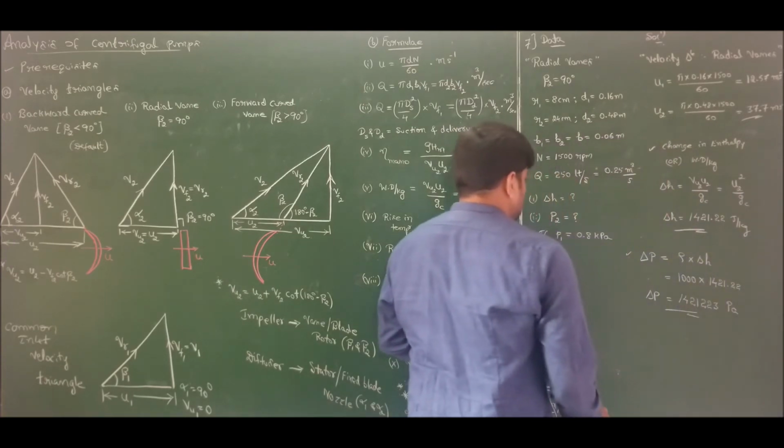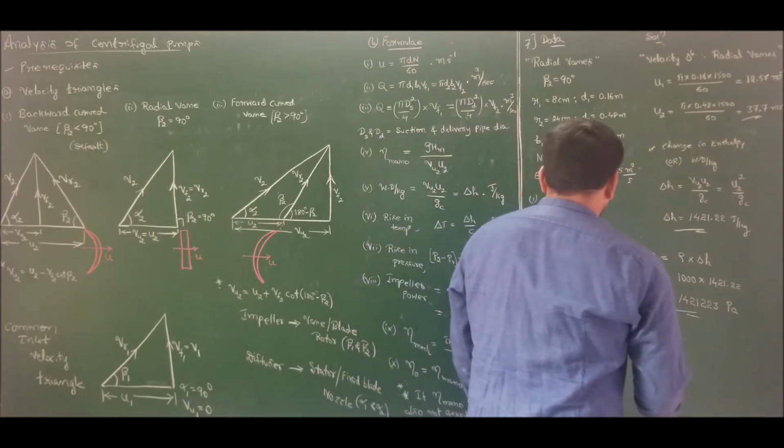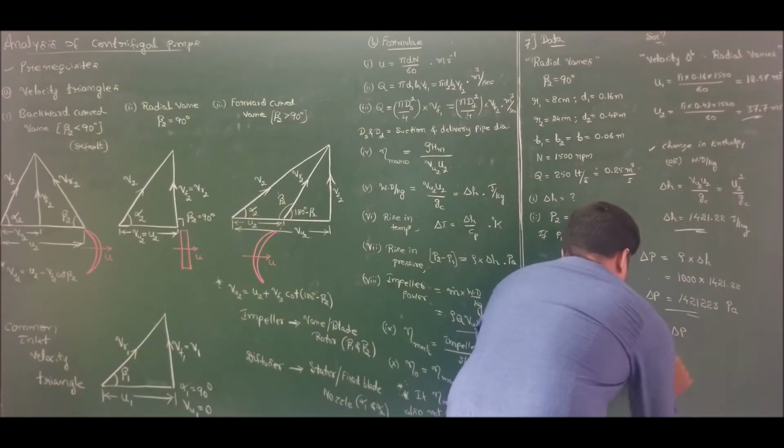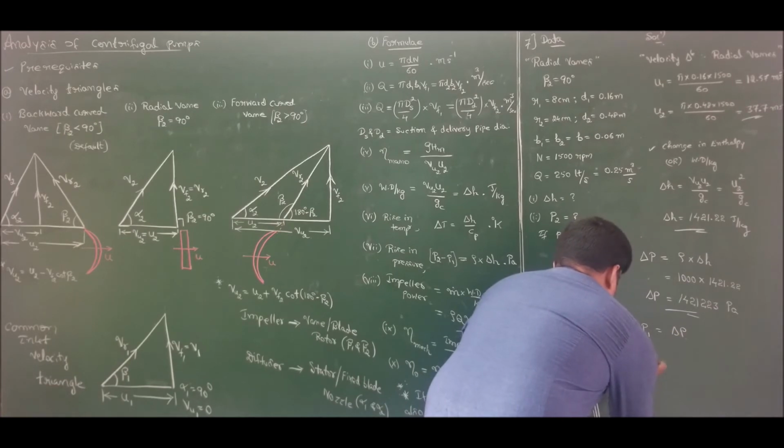Now he is asking us to calculate the value of P2, that is P2 minus P1 is delta P. I want the value of P2.